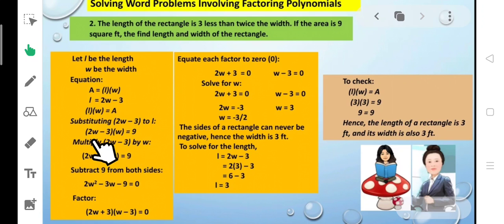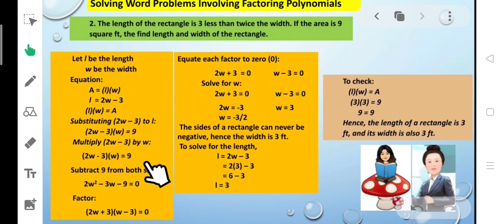Then multiplying 2W minus 3 by W, the product would be 2W squared minus 3W. W times 2W is 2W squared. Negative 3 times W is negative 3W.